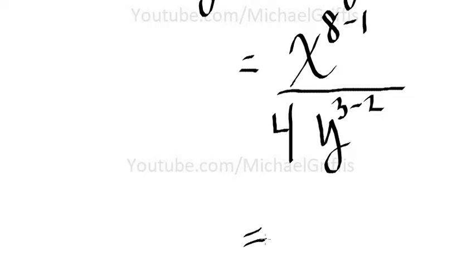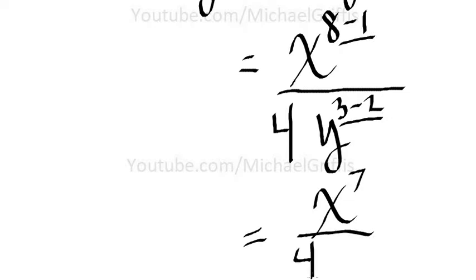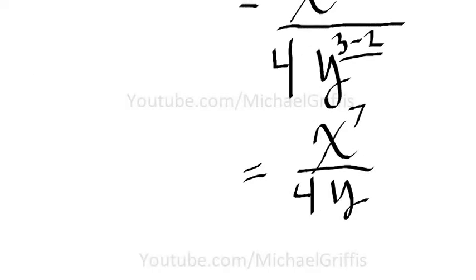So this becomes x to the 7th. 8 minus 1 is 7, and 3 minus 2 is y. So that all reduces down to x to the 7th over 4 times y.